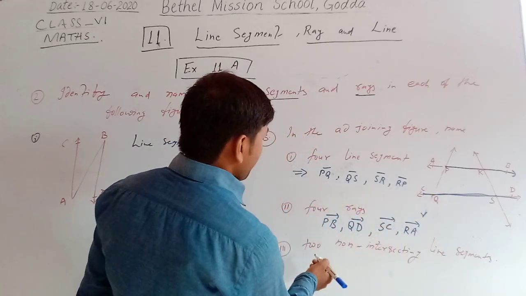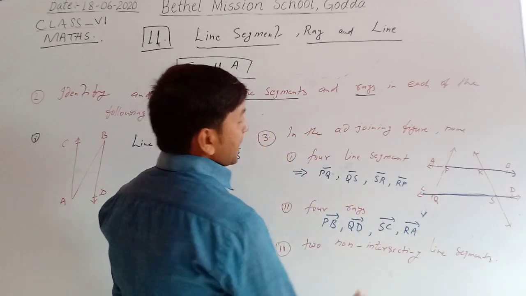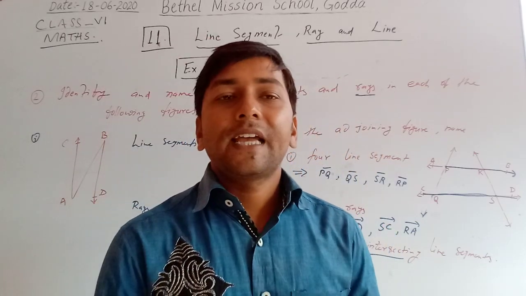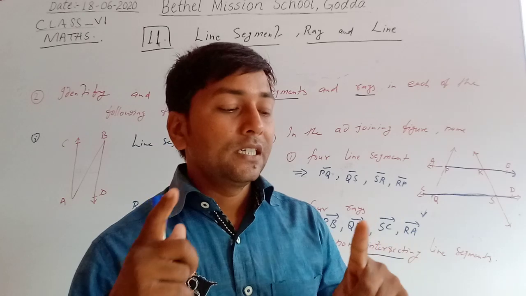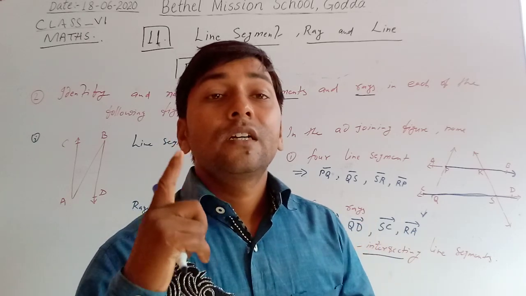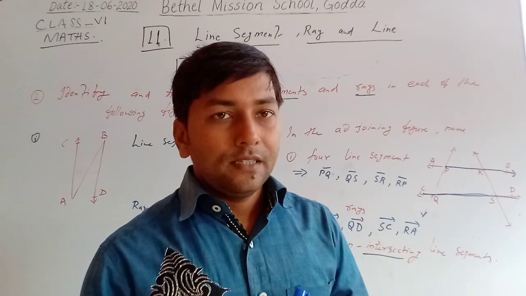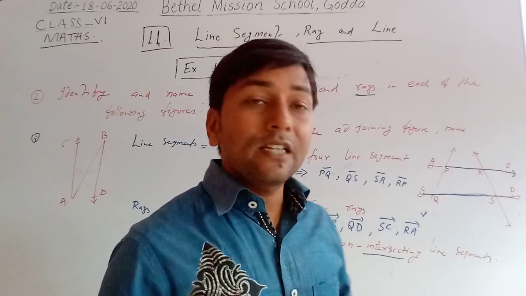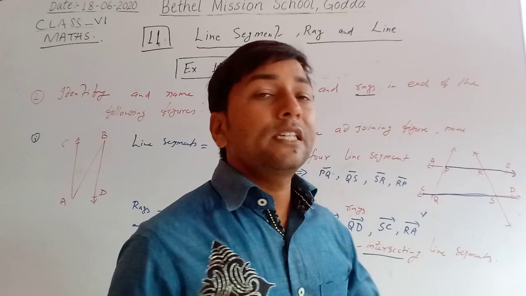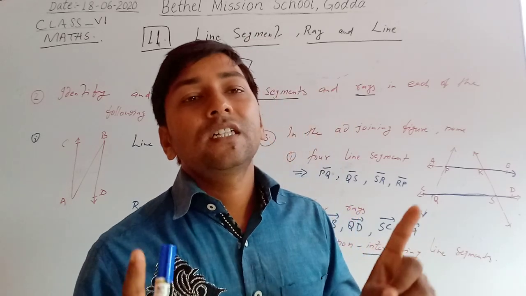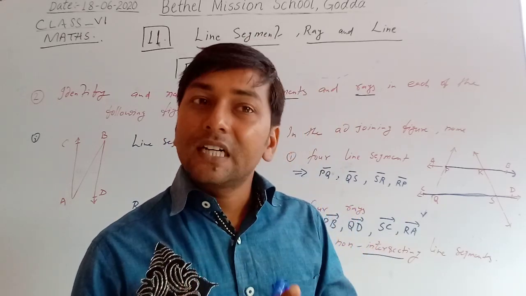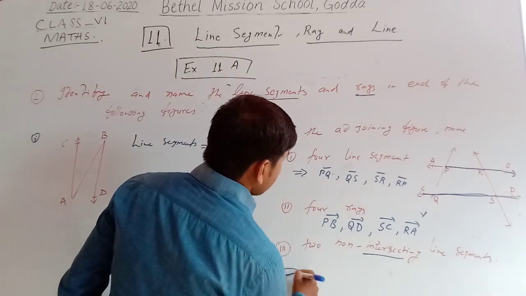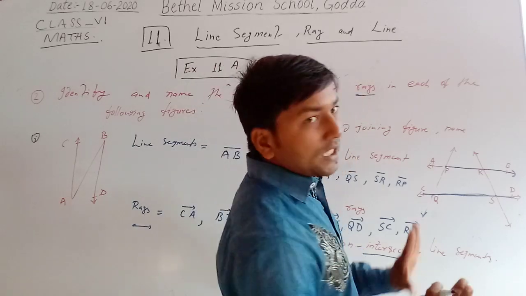Now, two non-intersecting line segments, which don't cut each other. When two rays or two line segments do not intersect or do not cut each other, you have to write two non-intersecting line segments which do not cut each other.